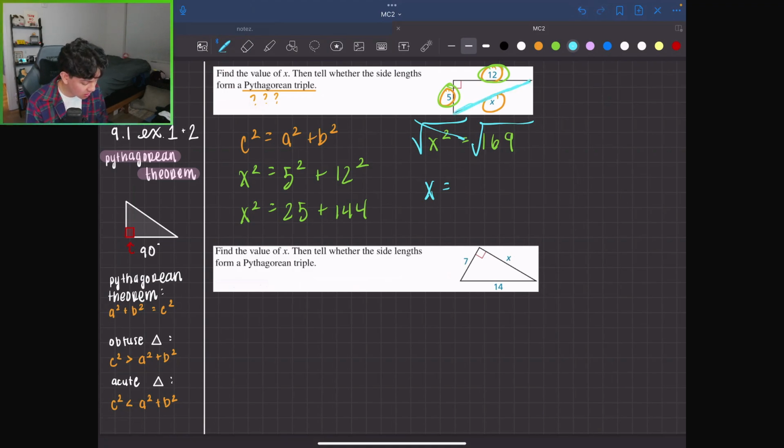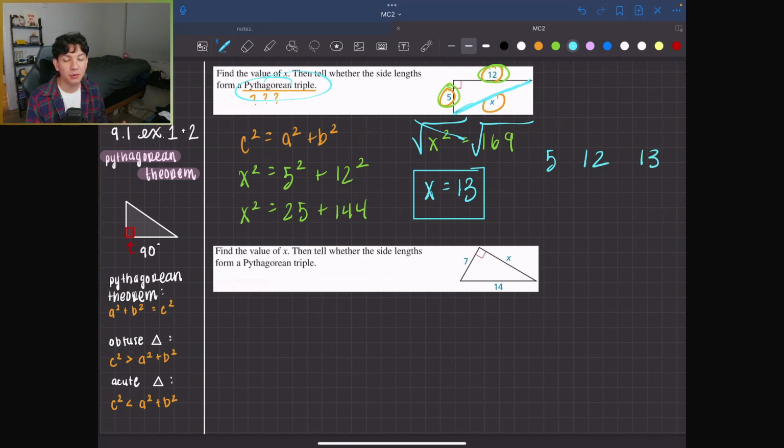So we're just going to go with 13. So x is going to be equal to 13, which is going to be our Pythagorean triple. So 5, 12, and 13, since these are all integers, like whole numbers, we can say that this is a Pythagorean triple. Okay? Cool.